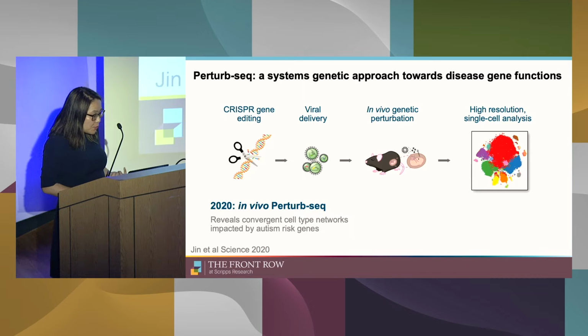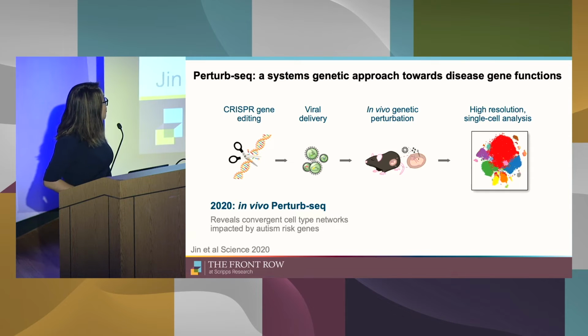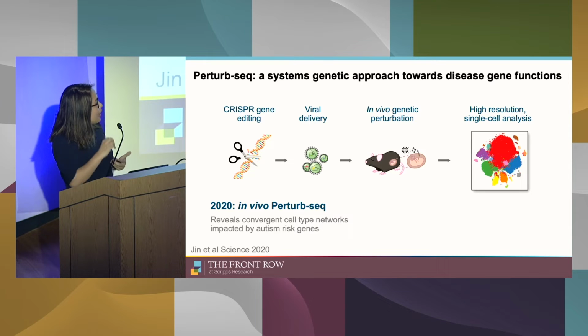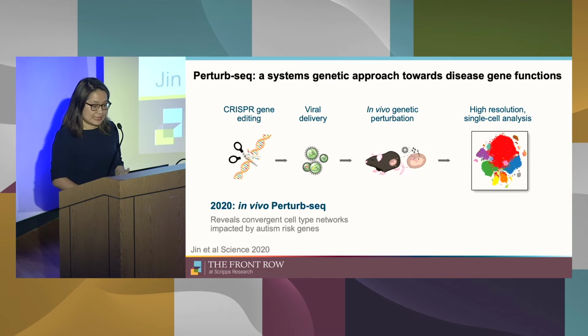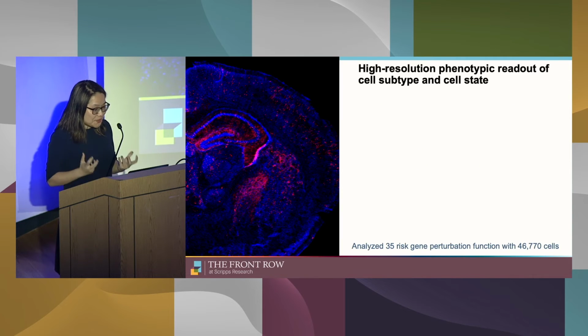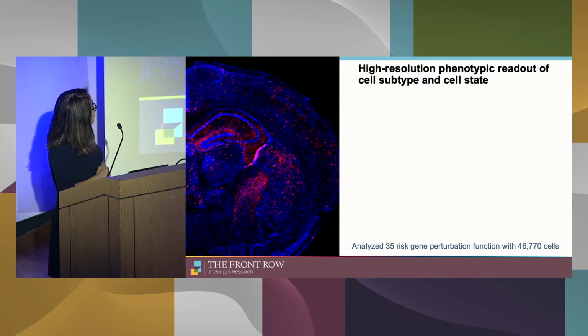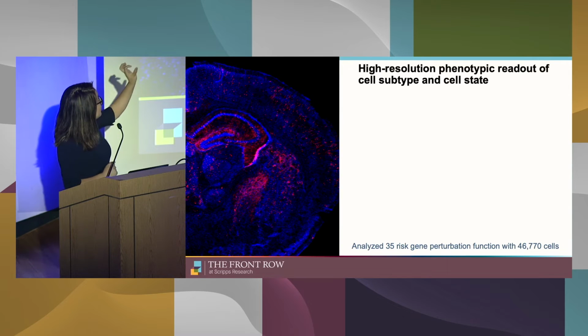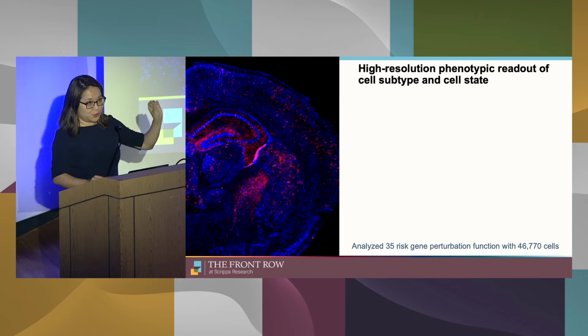So it was established in 2020, when I was a junior fellow, that we developed this technology to combine CRISPR perturbation with high-content phenotypic analysis using single-cell RNA sequencing. So how does it really work? On the left, this is a picture of a brain with individual cells, in this case, actually carrying out each individual CRISPR perturbation.